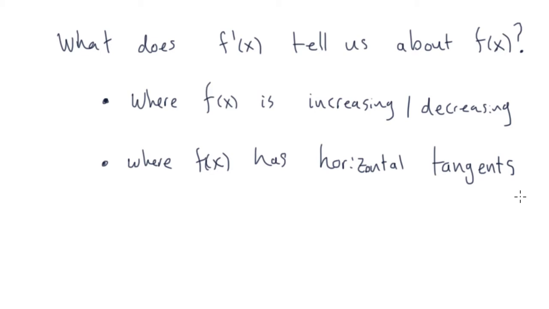So it's telling us a lot of information, and horizontal tangents will take center stage when we discuss applications of the derivative. And we're going to discuss a bunch, and as you'll see, these horizontal tangents are extremely important. So this is just something to keep in the back of your mind. We're going to hit on all of this later, but the derivative function is telling us a lot of information about f of x.